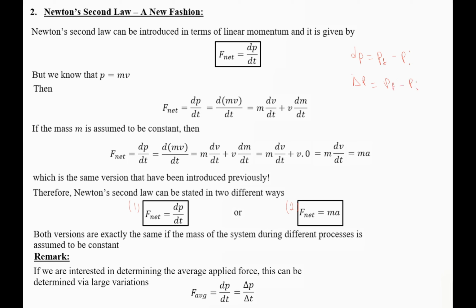What's the difference between both? This holds for small variation and this holds for large variation. Similarly for dt, which is t final minus t initial, and delta t, which is t final minus t initial. So if we're talking about the average force for a duration which is pretty large, then dp by dt can be utilized as delta p over delta t.